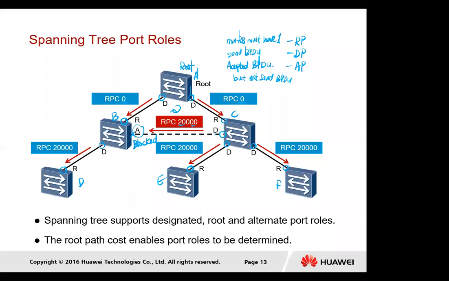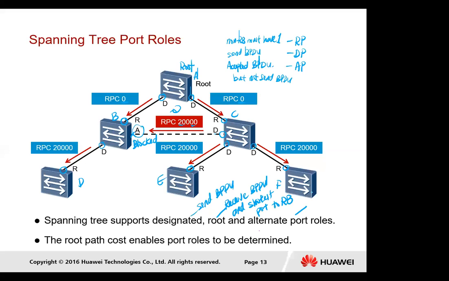Okay, those are the 3 different port roles that we have on the spanning tree. Again, we have a designated port. Designated is the one who sends BPDU. Root port is the one who receives BPDU, and the shortest path to the root bridge.